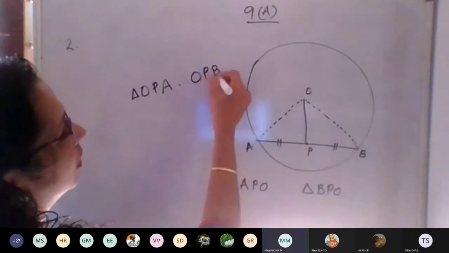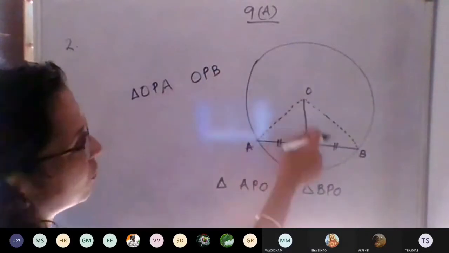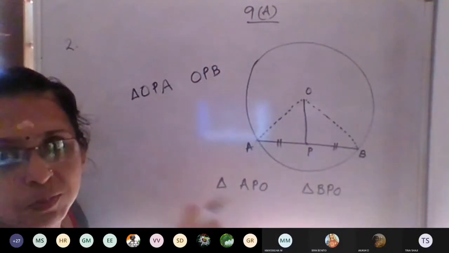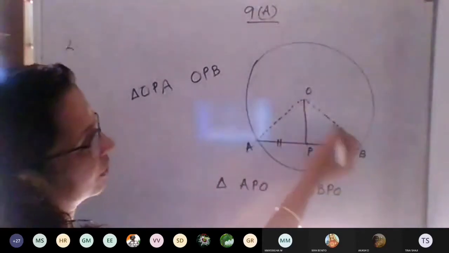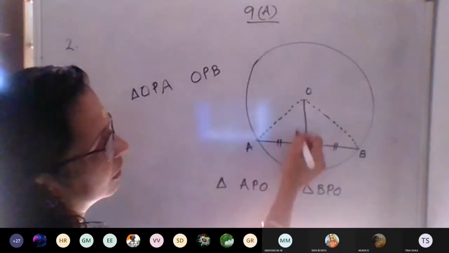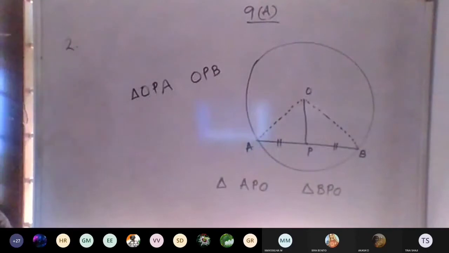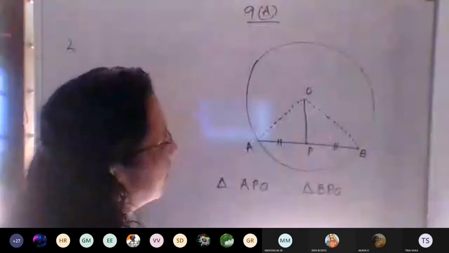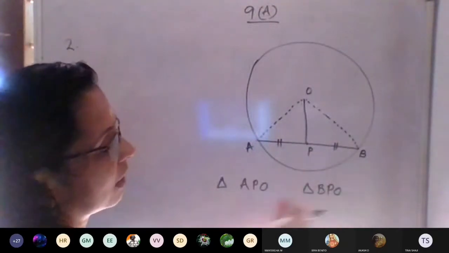PB, understood? Same way you have to take; the sides should correspond. Okay, so consider triangle APO and triangle BPO.